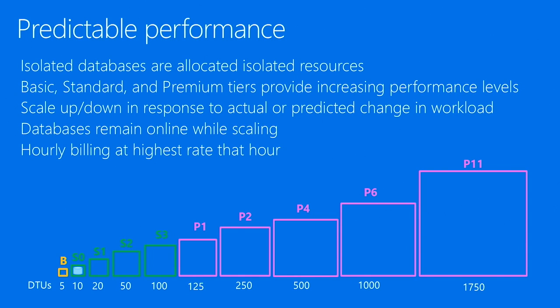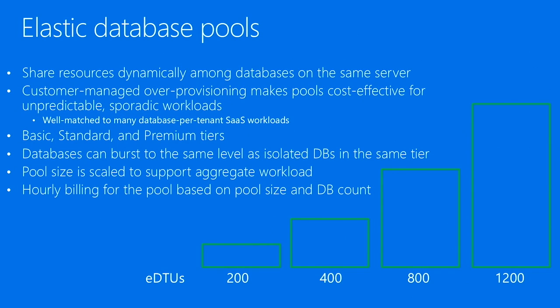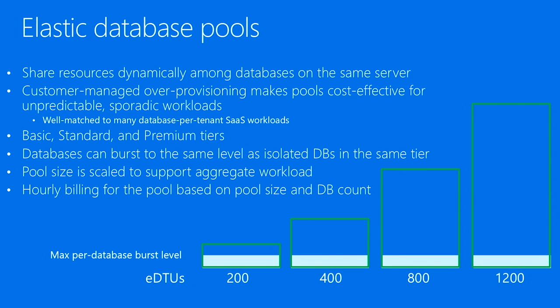Because we bill at the highest rate for that hour only, if your workload peaks in that day at P6 for an hour, for example, you get billed at P6 for that hour, then you can scale it back down, say to S3, and for the rest of the 23 hours you're only billed at the S3 price. Even further, to support SaaS applications, say your service has 100 tenants and so 100 databases, and not all of them are using it at the same time.